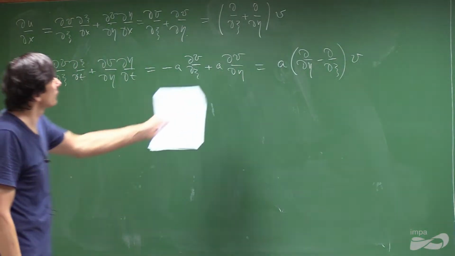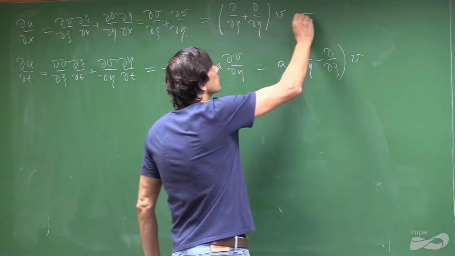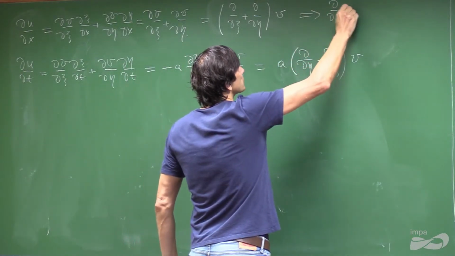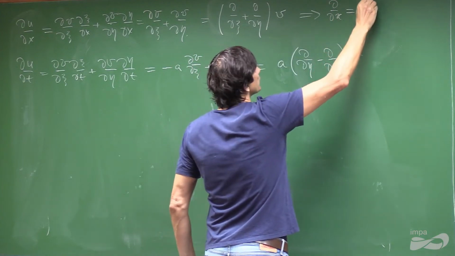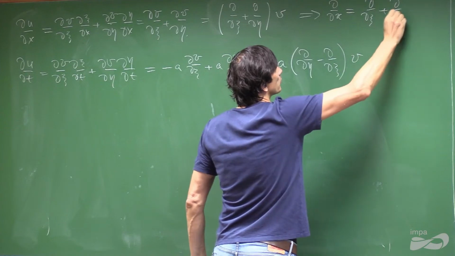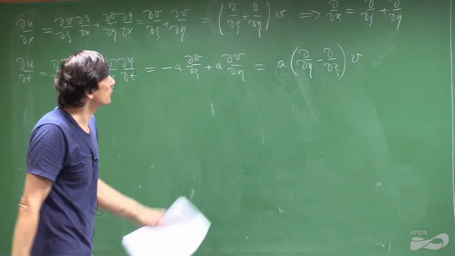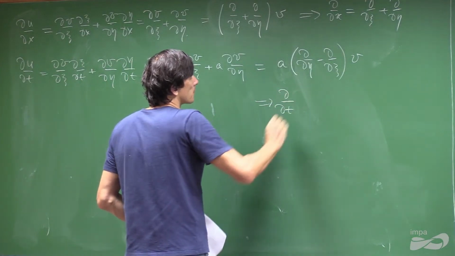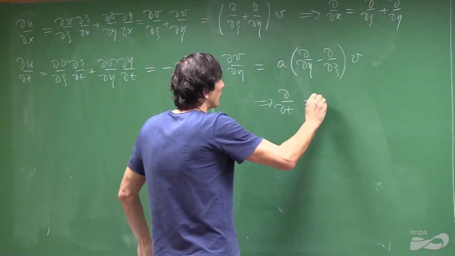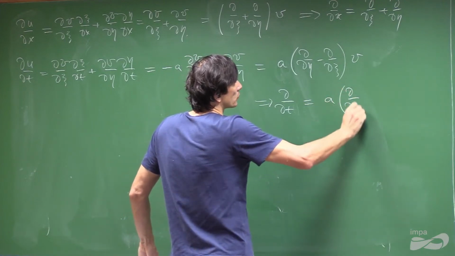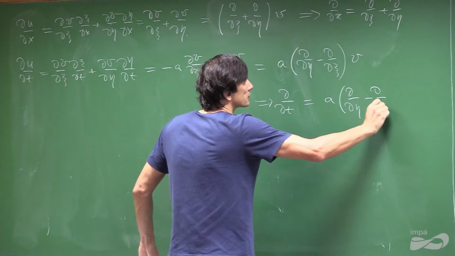What we deduce from here is that differentiating with respect to x is the same as differentiating with respect to xi plus differentiating with respect to eta. And differentiating with respect to time in the original variables is the same as multiplying by a and differentiating with respect to eta minus d xi.